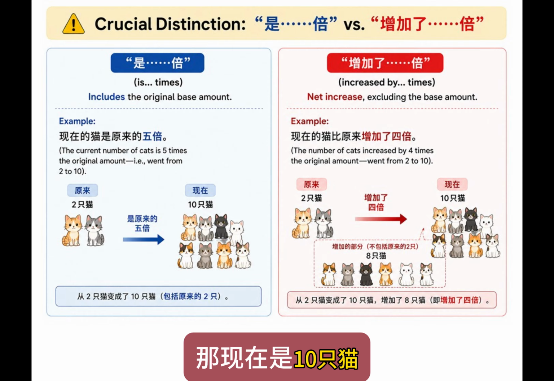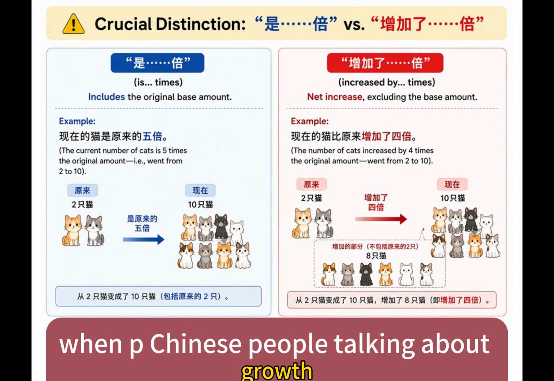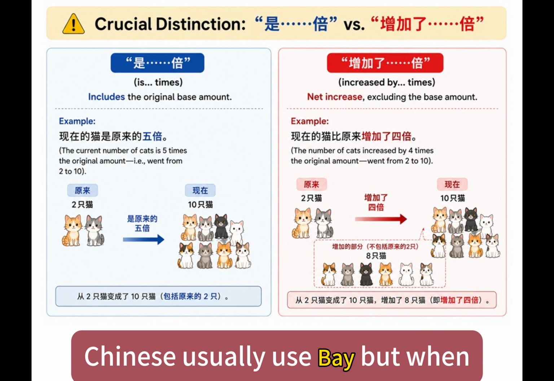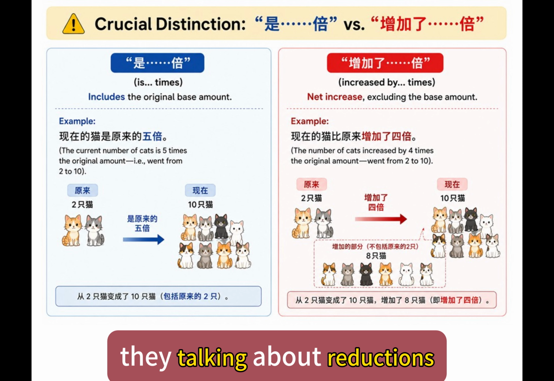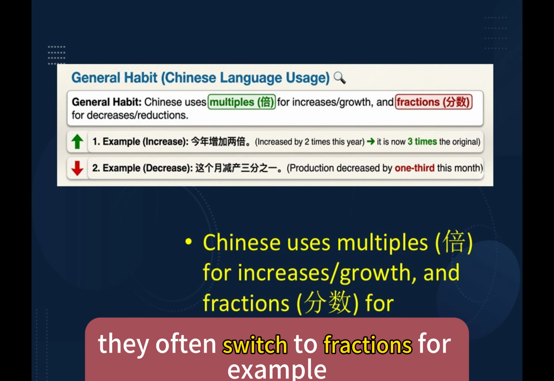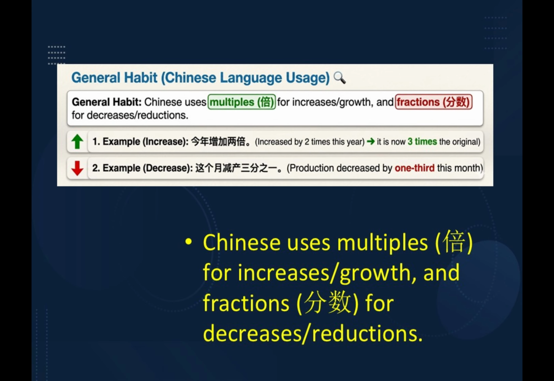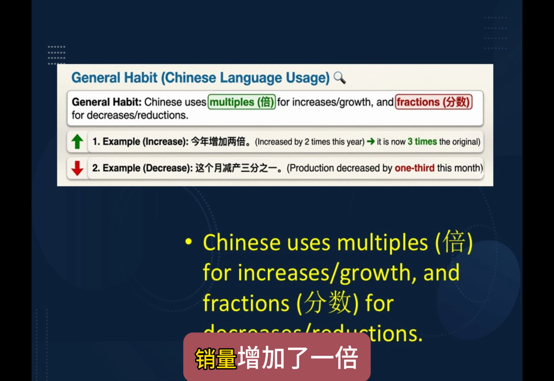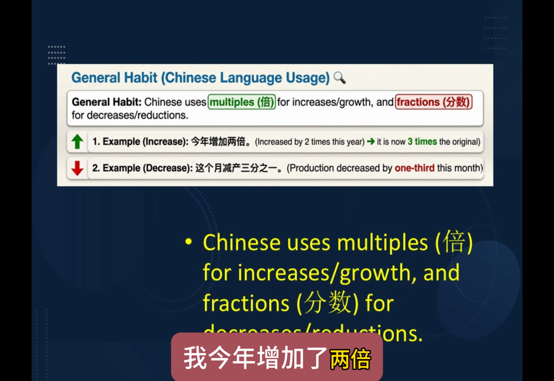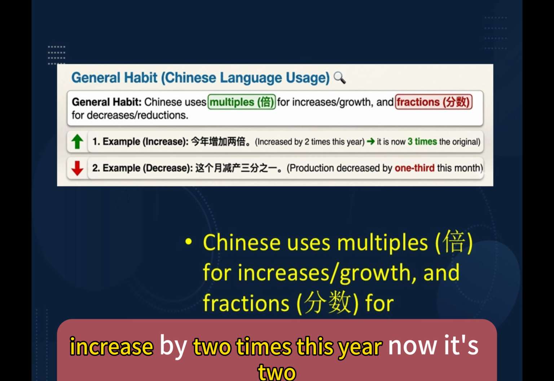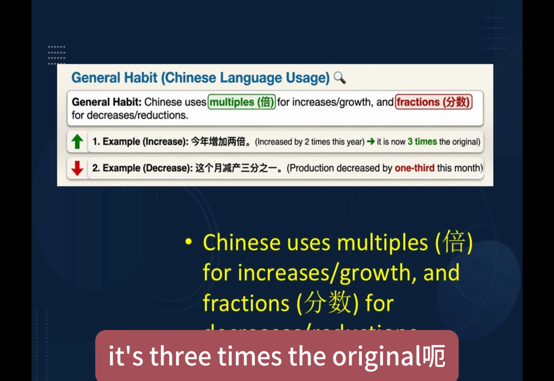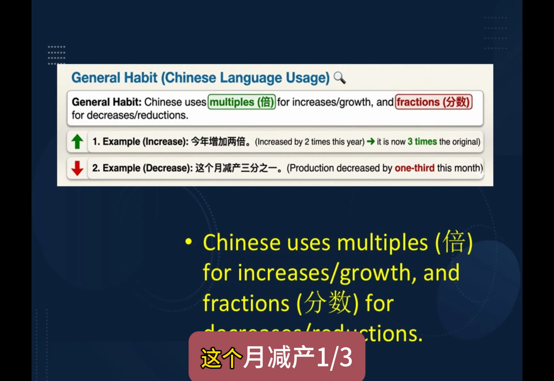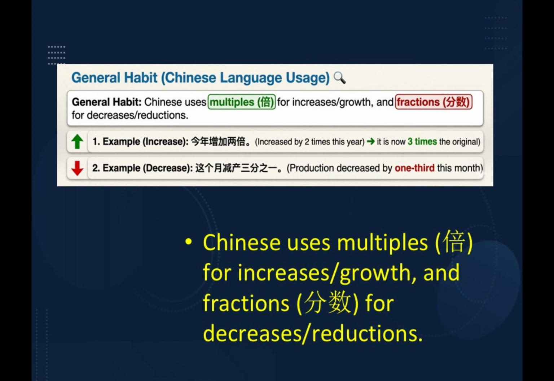When Chinese people talk about growth, they usually use 倍, but when they're talking about reductions, they often switch to fractions. For example, 销量增加了1倍 or 今年增加了2倍, increased by 2 times this year. Now it's 3 times the original. 这个月减产1/3.